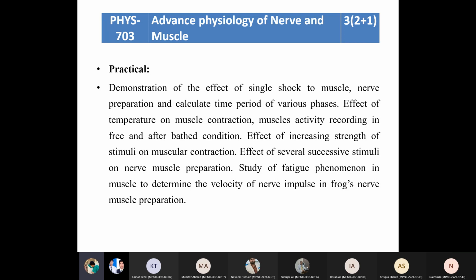So these are the practicals which will be conducted on advanced physiology and muscle, and the theory contents is already shared with you.